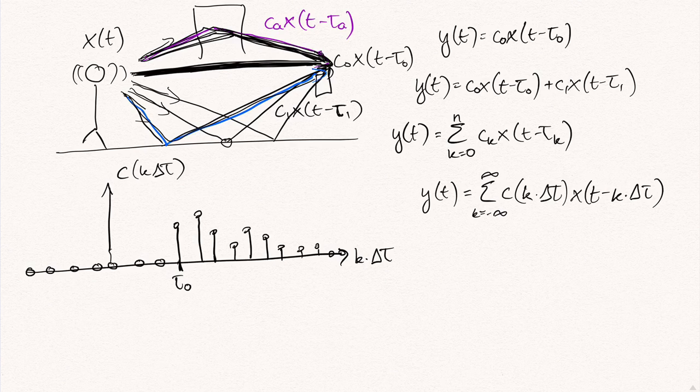So we'll have a large number of rays like this. And what will happen then is that this delta tau will become smaller and smaller. And so all of these components will come closer and closer together, like this.